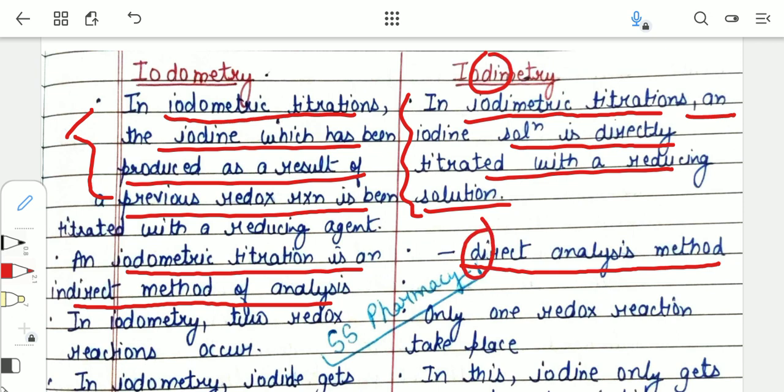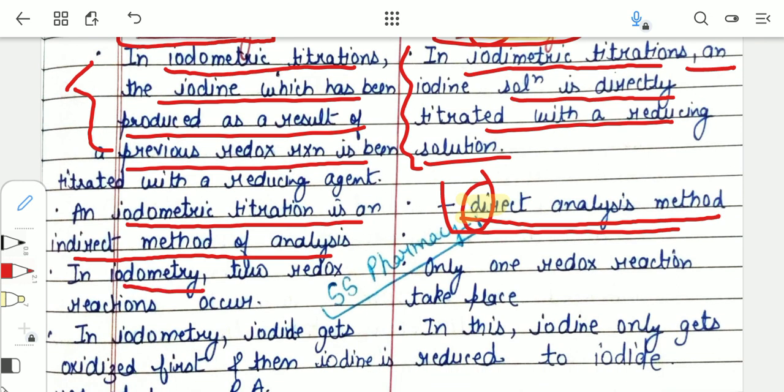So iodimetry is a direct method of analysis, and the other one, which is iodometry, is the indirect method of analysis. So this is a way to remember which is the indirect and which is the direct method of analysis, because often students get confused about this point. By remembering this trick you can easily know which is the direct and which is the indirect method of analysis. So now let us move on to the next difference.